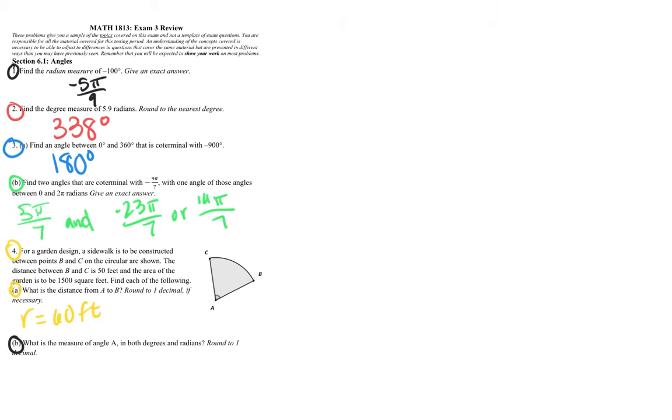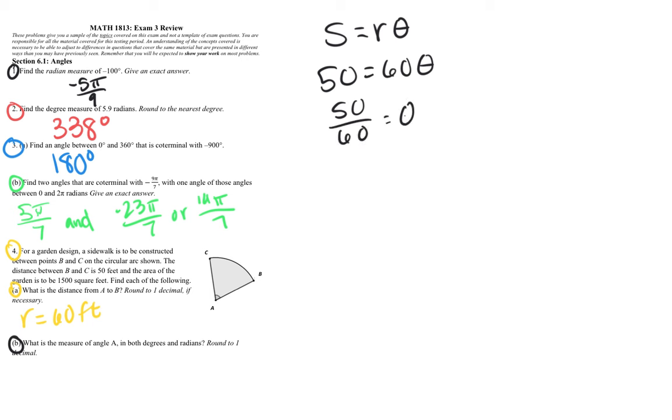So it's asking us what is the measure of angle A in both degrees and radians. So remember we have our arc length formula, S equals r theta, and we know S and we know r. Remember S is 50, and we just found r to be 60 times theta. If we solve, we get 50 over 60 equals theta, or 5 over 6 equals theta.